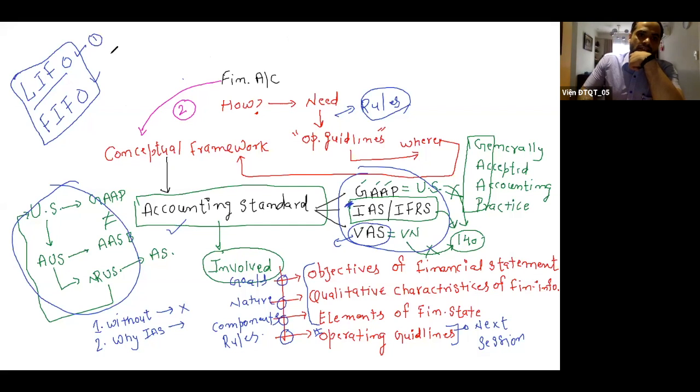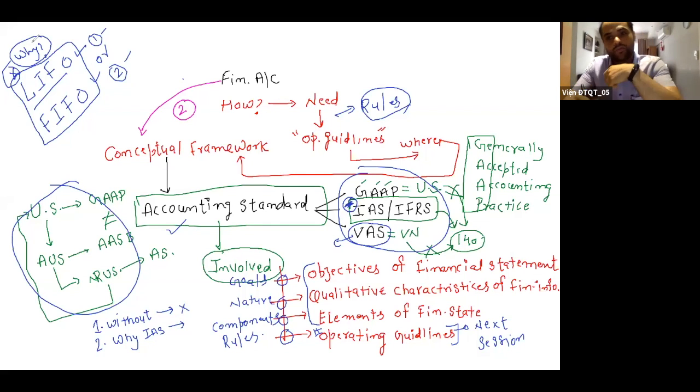Company can choose either this or this. But according to IAS, we cannot apply LIFO method. Why? It's not the time to explain what is LIFO, because I have to teach you how LIFO methods work, all right? But the idea is that according to international accounting standards, companies are not allowed to apply LIFO method to calculate the value of inventory, all right?